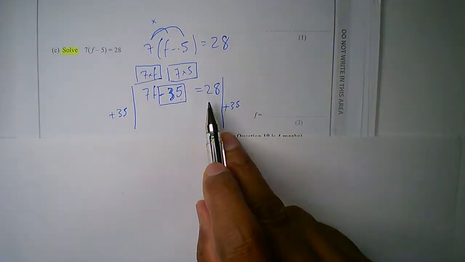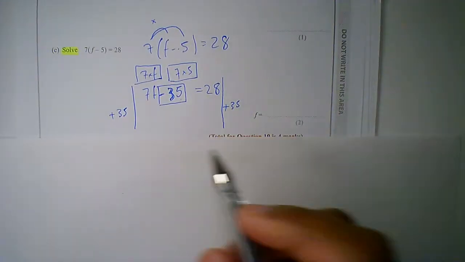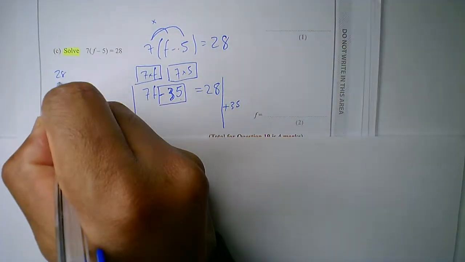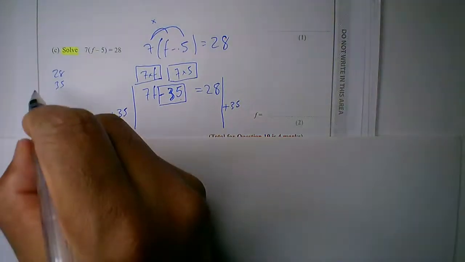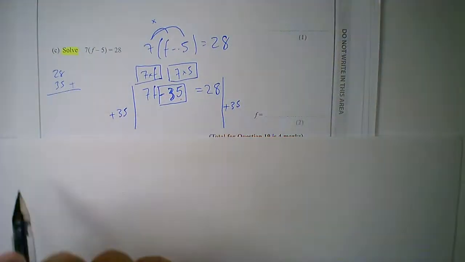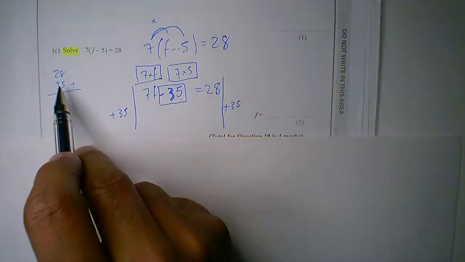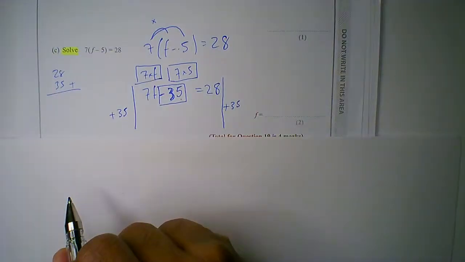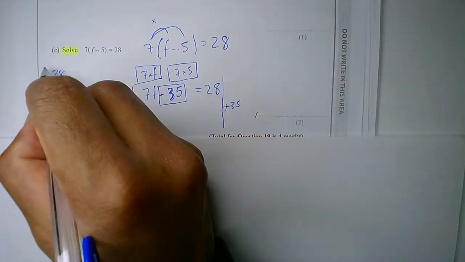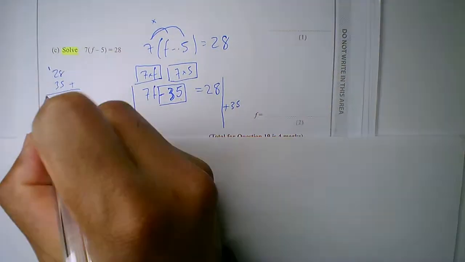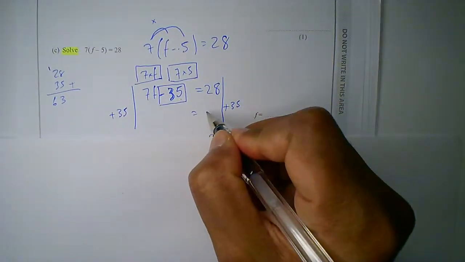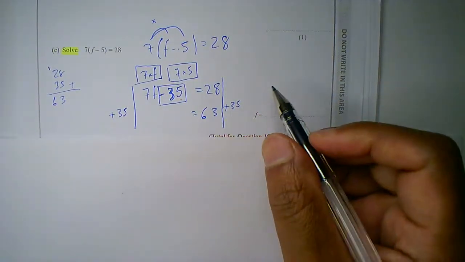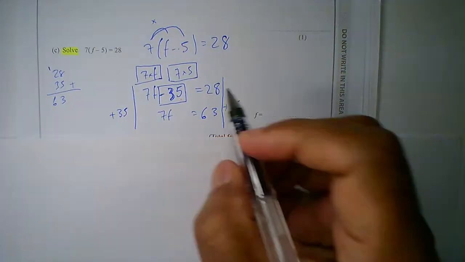And so 28 plus 35, what does that give me? It's a paper 1, a non-calculator, so 8 plus 5 is 13. Carry the 1. 1 plus 2 plus 3 is 6, so that's 63. So 7F equals to 63.